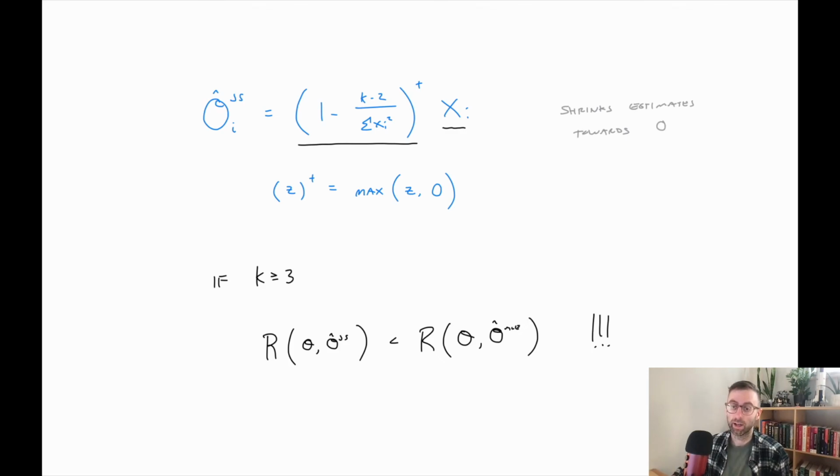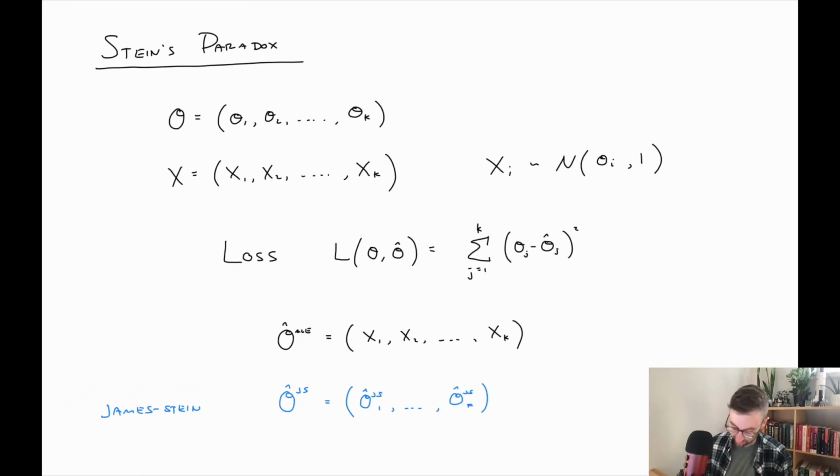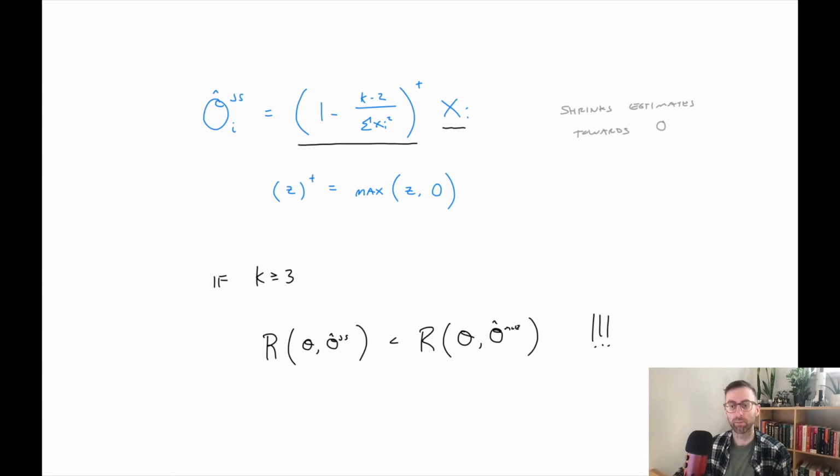So again, you'd think you want to just use the MLE, but it turns out that if you shrink your estimates a little bit, you end up with a lower risk, and the MLE is inadmissible because of that. Perhaps you don't believe me because I'm not writing a proof here, but hopefully after doing the homework where I forced you to do some simulations about this, you will believe this result.